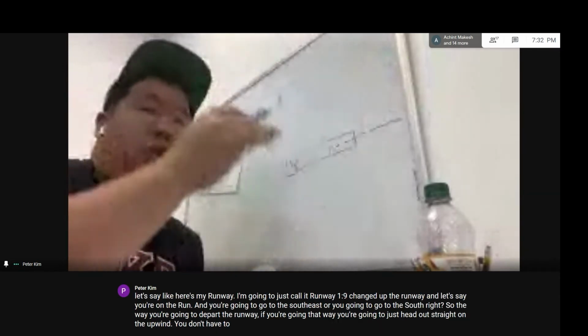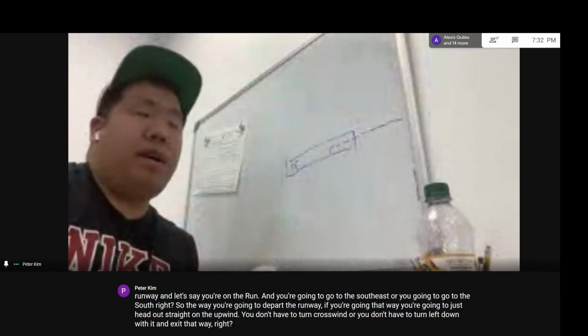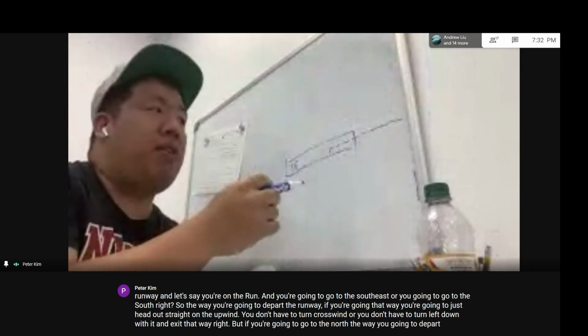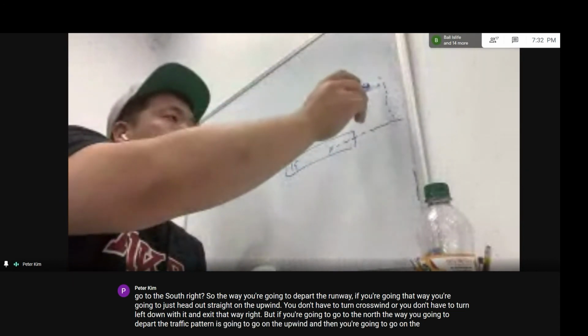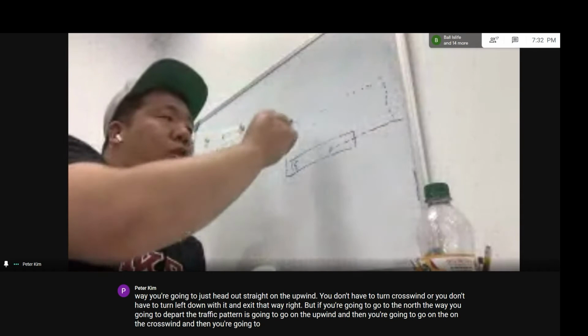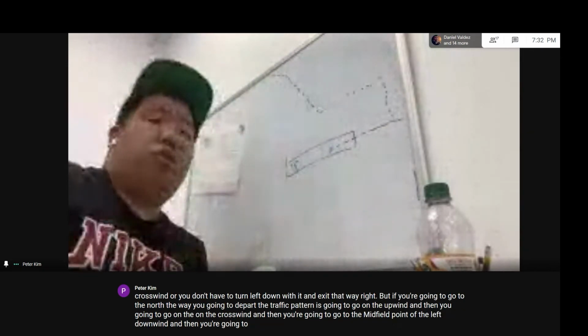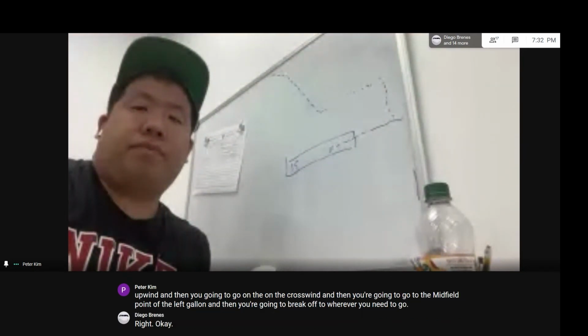You don't have to turn crosswind or turn left downwind and exit that way. But if you're going to go to the north, you're going to go on the upwind and then on the crosswind, and then to the midfield point of the left downwind, and then you're going to break off to wherever you need to go. Right. Okay. Thank you.